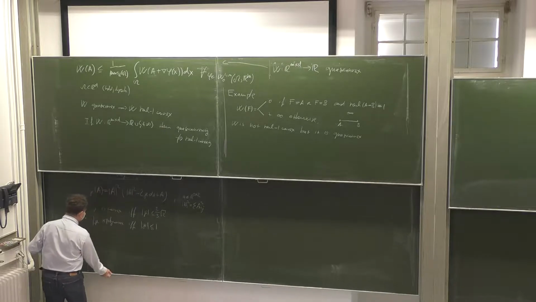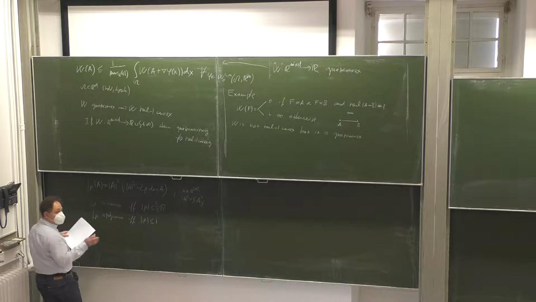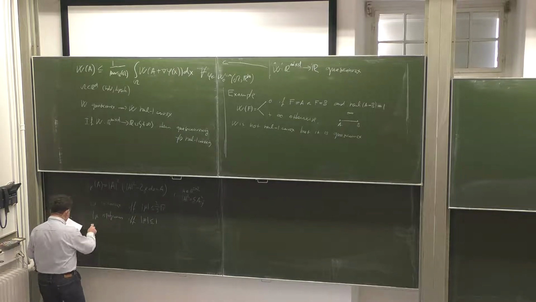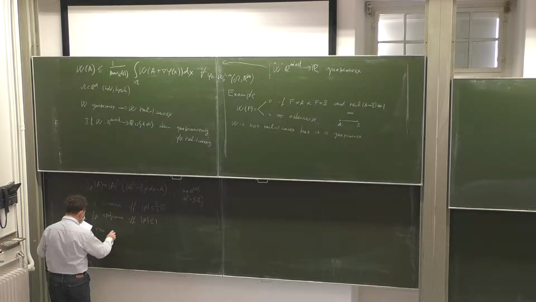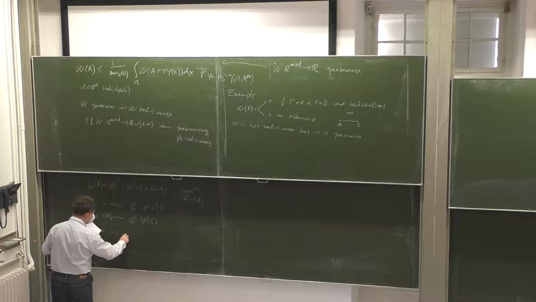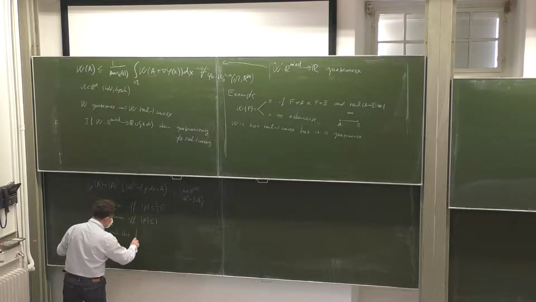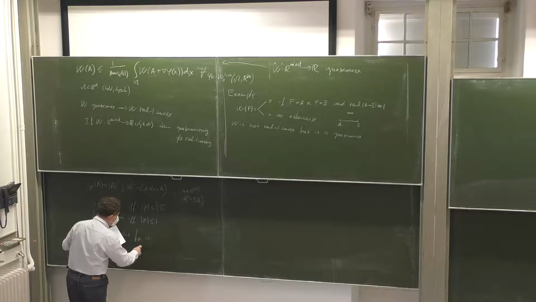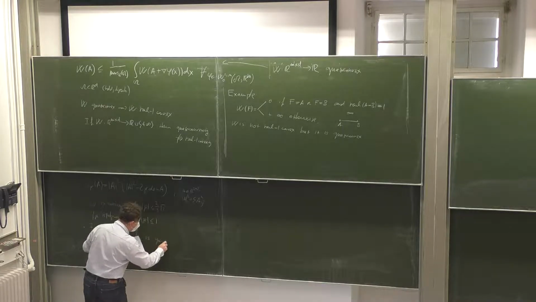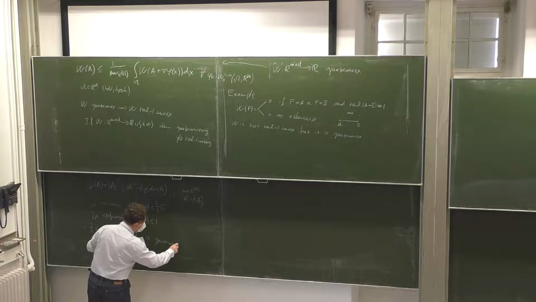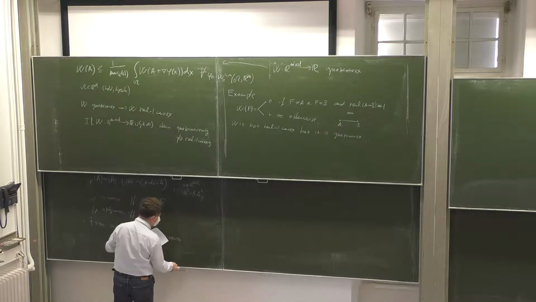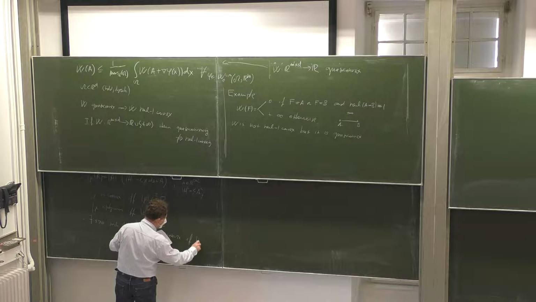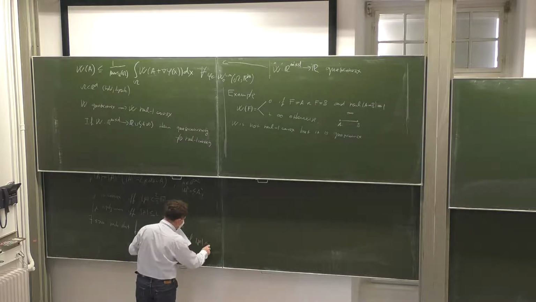Now comes the interesting part. Now, quasi-convexity. So the claim is the following. There exists epsilon positive such that F gamma is quasi-convex if the modulus of gamma is smaller than or equal to 1 plus epsilon.